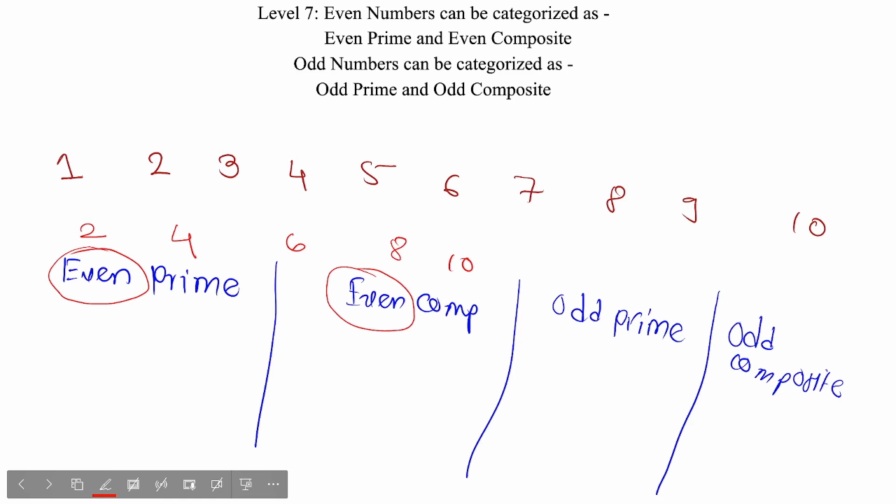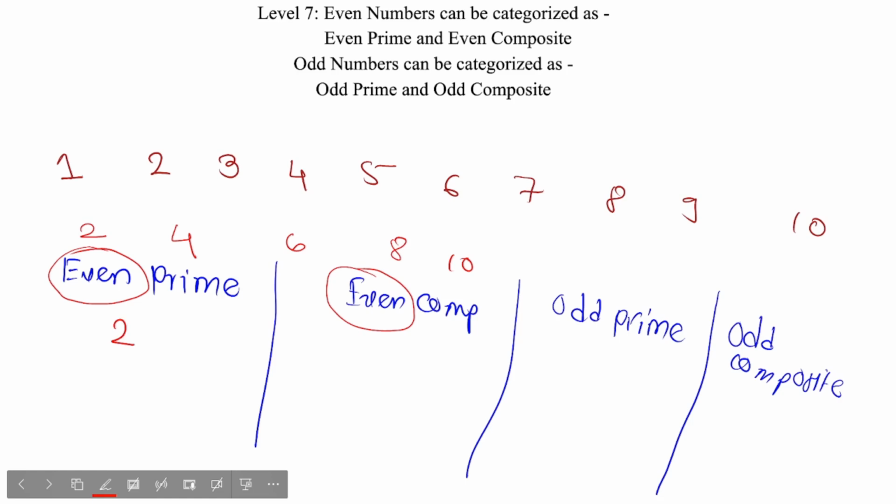Now filter out which are the prime numbers from it. As we all know, and we just discussed, the number which is divisible by itself only and by 1 only is a prime. So 2 is divisible by itself and 1, so it is a prime.